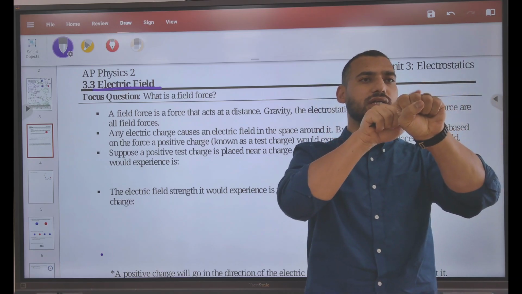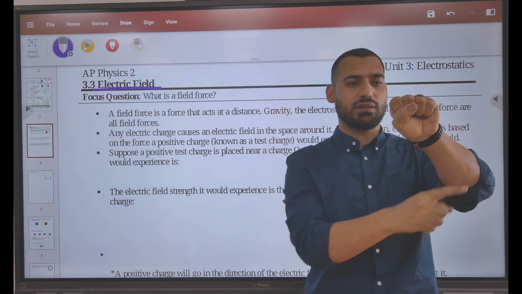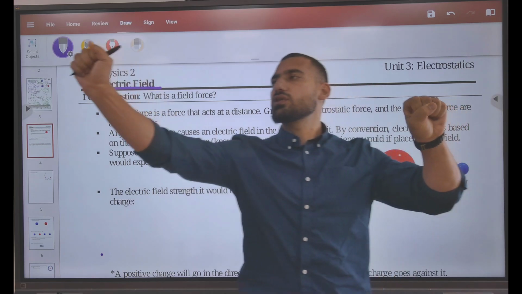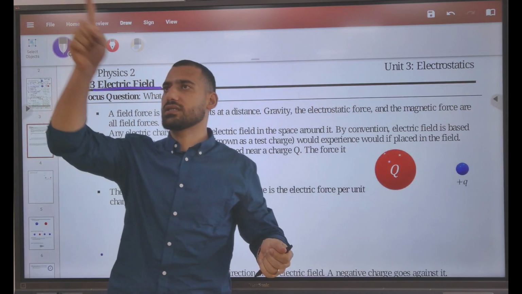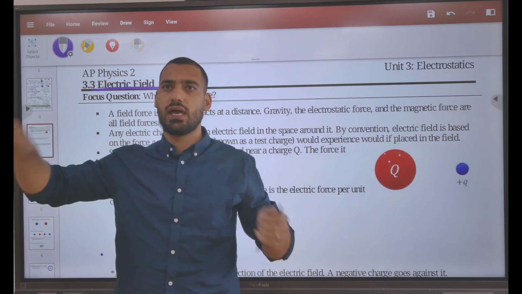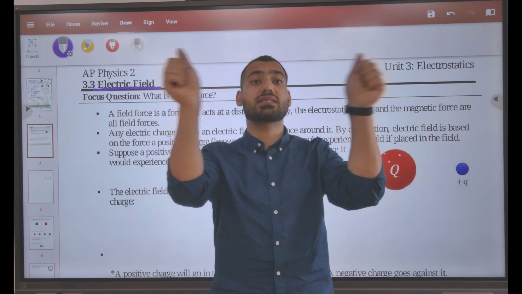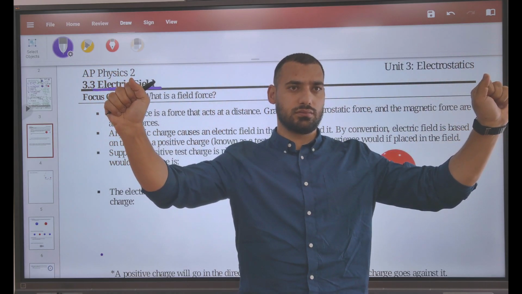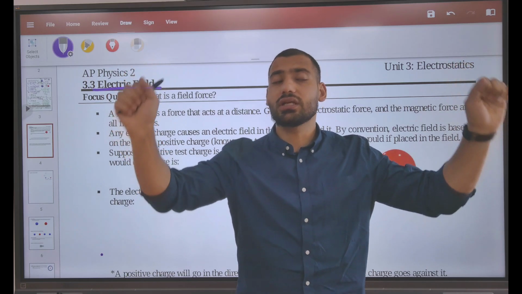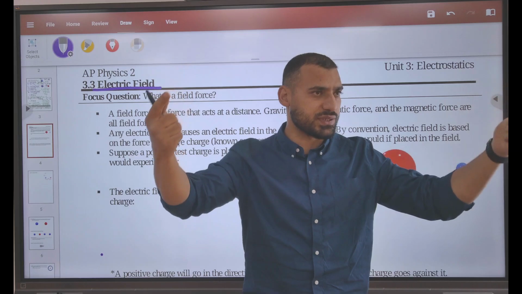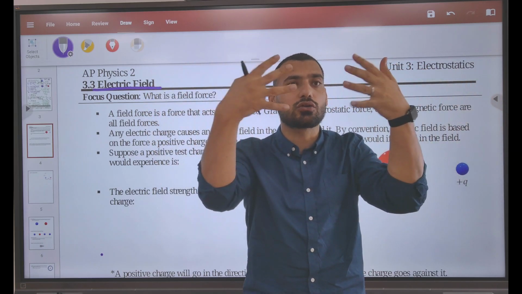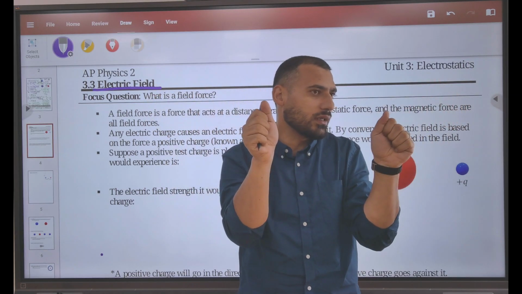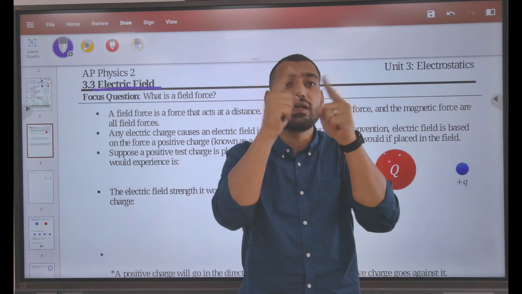For example, this is a charge and it modifies this much space around it, okay? And then there is one more charge, it has also modified some space around it. If the two modified spaces are away from each other, there will be no attraction or repulsion. The attraction or repulsion only develops when the two fields are close, they interlink. Is that fine? The charges need not be touching each other. Their fields should be interacting.